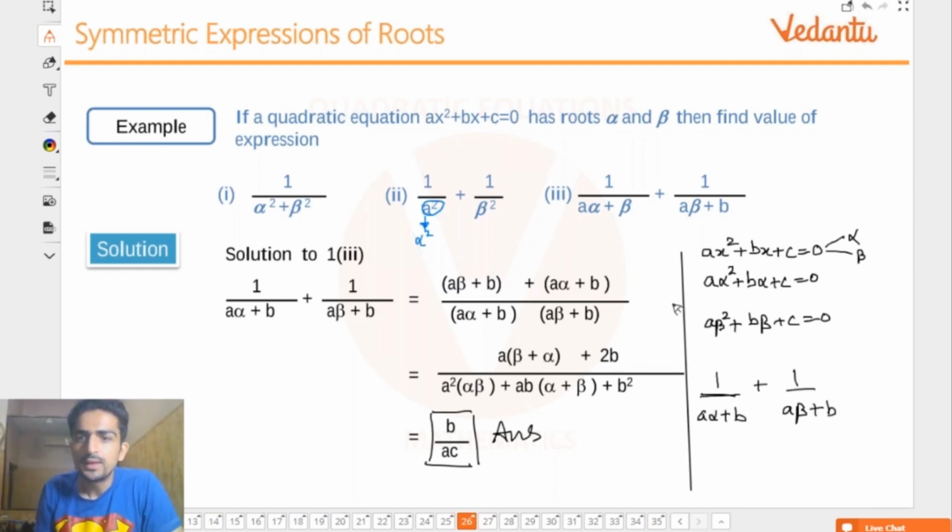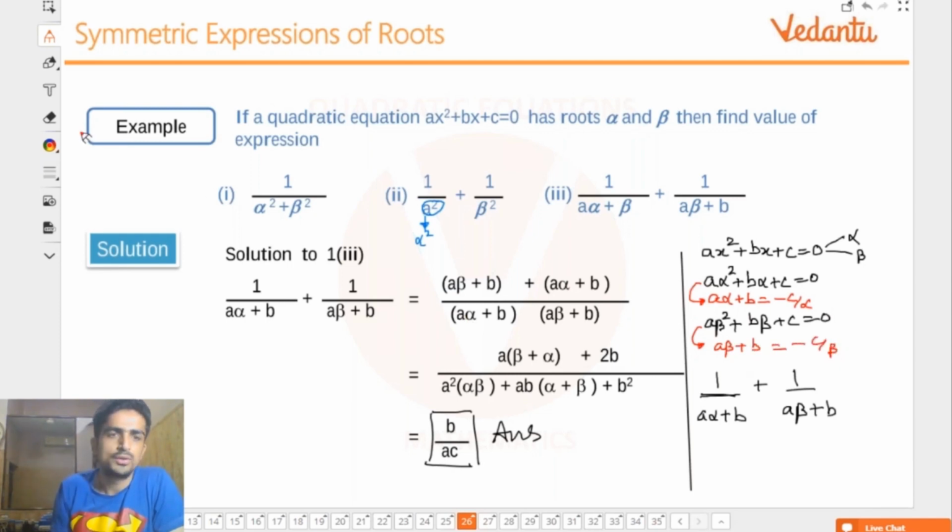Okay guys, can you see that from here I can write a alpha plus b as minus c by alpha. Take alpha common from first two terms, take c to the right hand side and alpha cross multiply. And here also I can write a beta plus b as minus c by beta. So just substitute these values here.